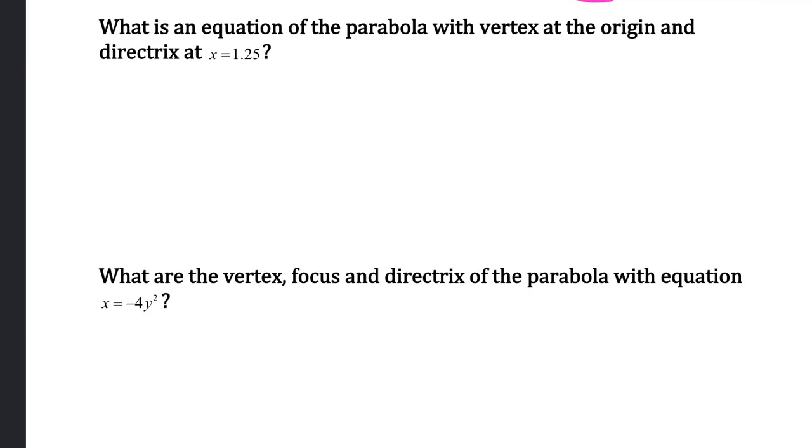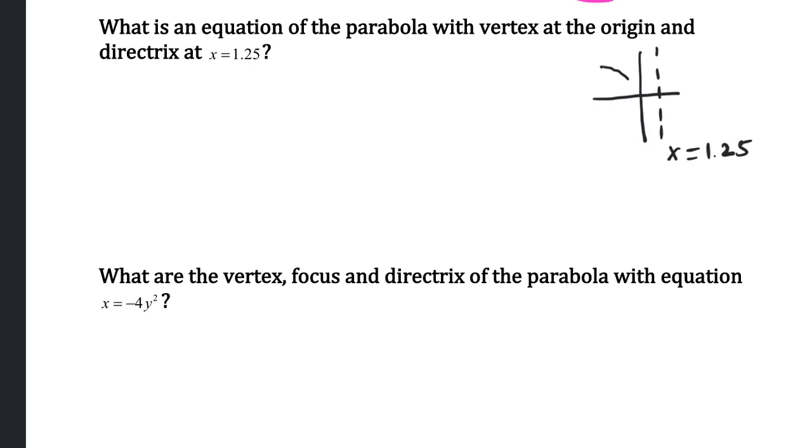What is an equation of a parabola with the vertex at the origin and the directrix at x equals 1.25? I'm going to go ahead and draw my directrix, x equals 1.25.